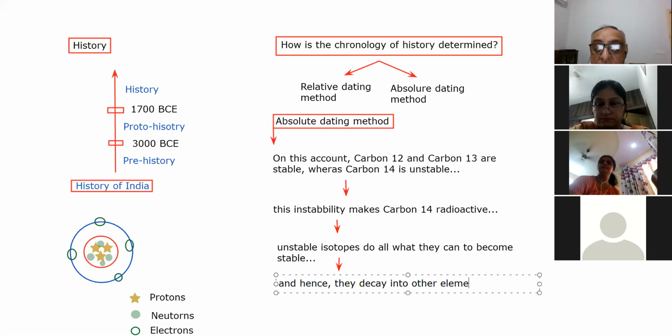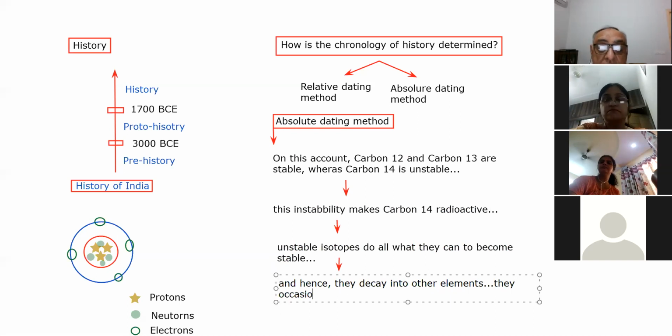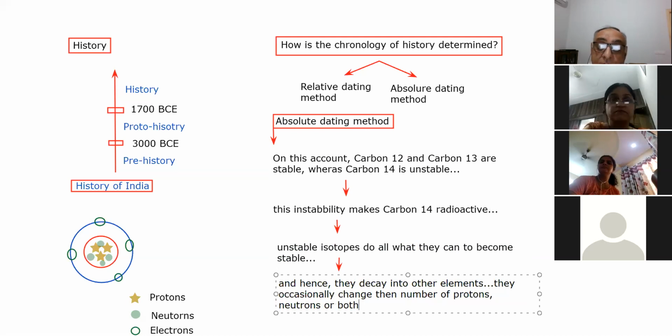When they decay into other elements, they occasionally change the number of protons, neutrons, or both. The number of protons changes, the number of neutrons changes, or both change. So this change is called radioactive decay.